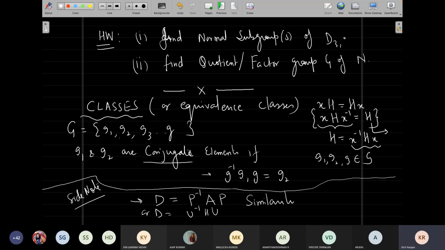Or if the matrix A is a Hermitian matrix, then we also called it a unitary transformation. So you can look at the elements which are related to each other by a similarity transformation. And why did we use the word similarity? What was the similarity between D and A? The eigenvalues were identical, basically, right? What else was the same?